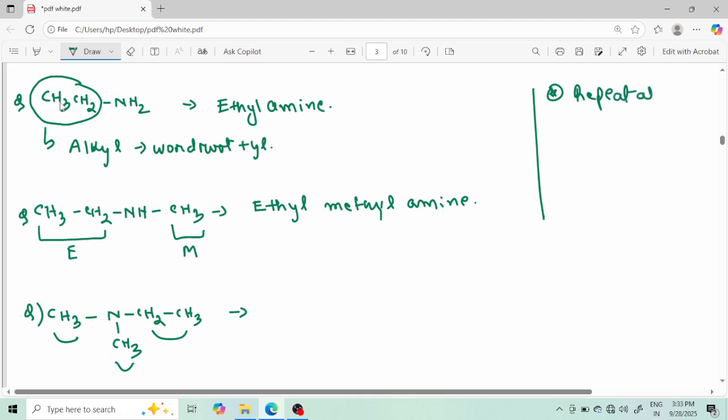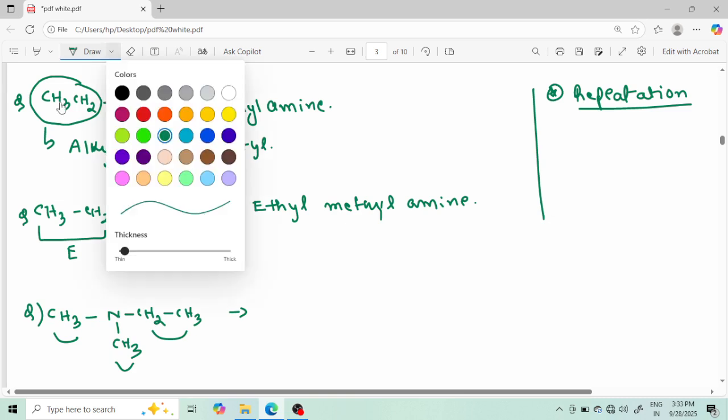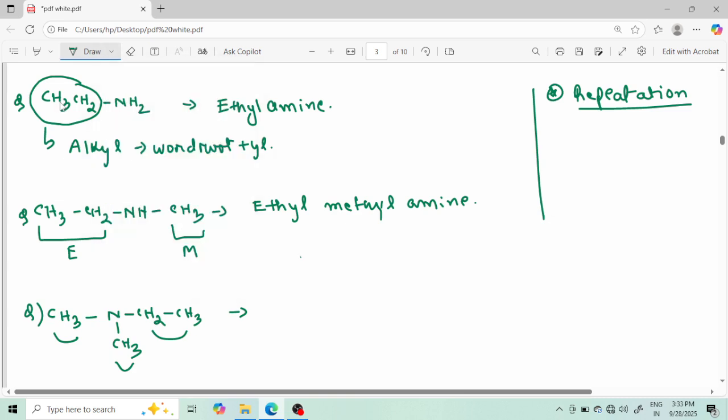For repetition we use di, tri and those things. If it is 2 repetitions, we use di; if 3 repetitions, tri; if 4 repetitions, tetra; if 5 repetitions, penta.